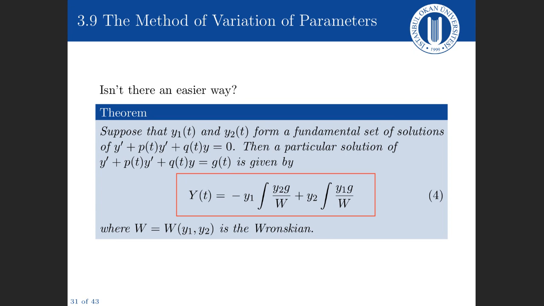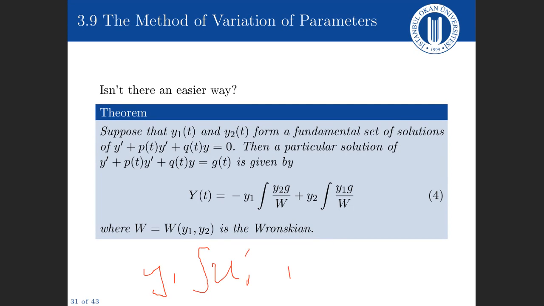Now this is basically the same as what we've been doing. In the previous two examples, we found u1 prime and u2 prime. We integrated these two functions, and then we wrote down u1 y1 plus u2 y2. Or to say this another way, we wrote down y1 multiplied by the integral of u1 prime plus y2 times the integral of u2 prime.